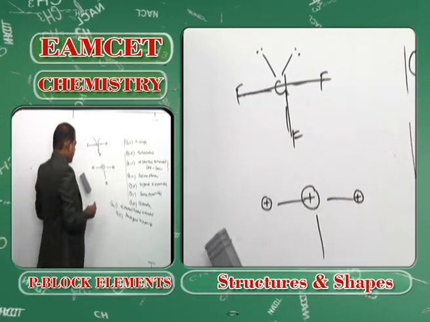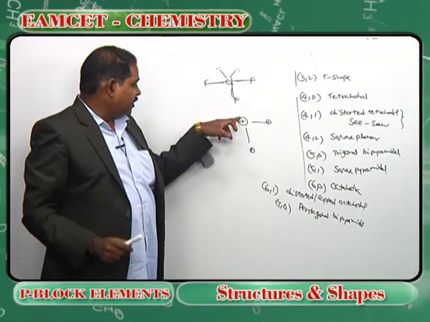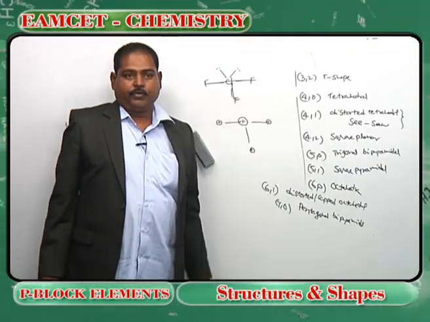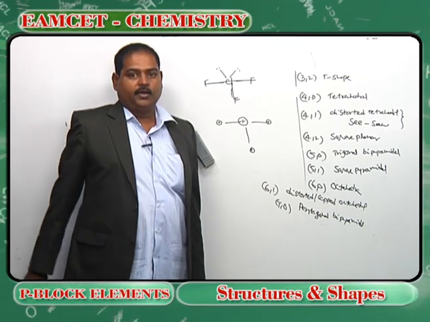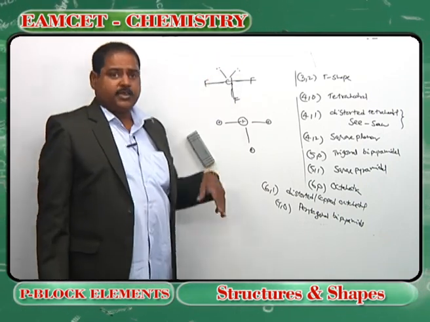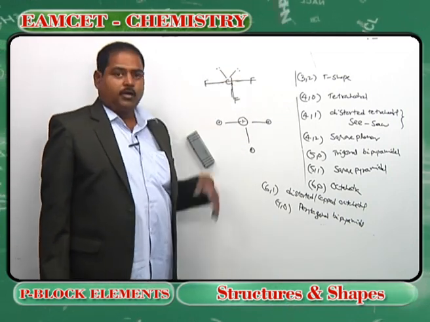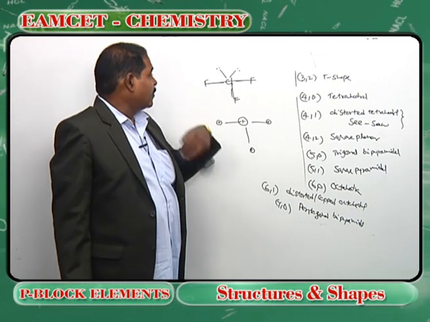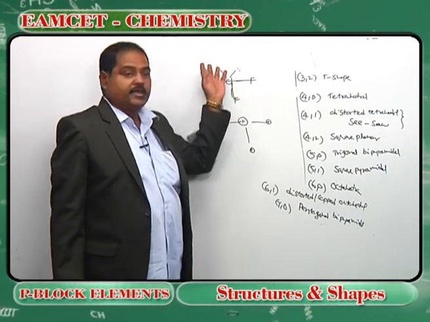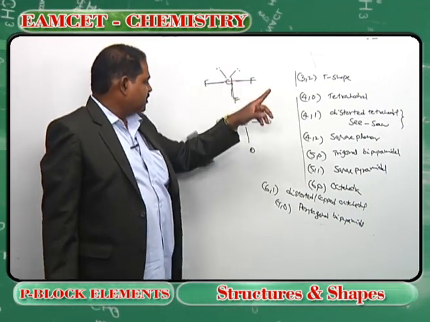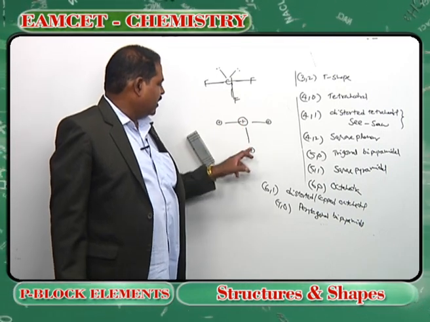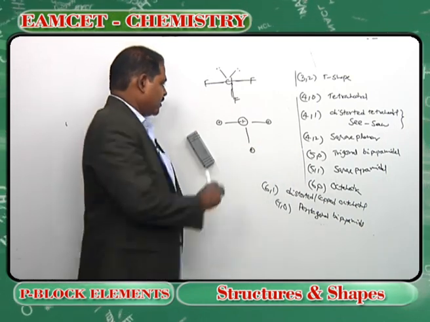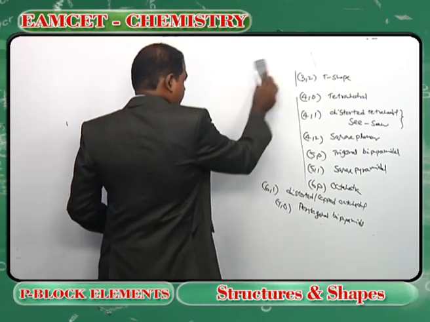How they are relatively arranged to each other, only the nuclei are considered while considering the shape. Arrangement of electron pairs, that is different. There you may include lone pairs also, because you are talking about electron pairs. You can take both bond pairs and lone pairs. But as far as shape is concerned, only the nuclei are considered, the relative positions of the nuclei.